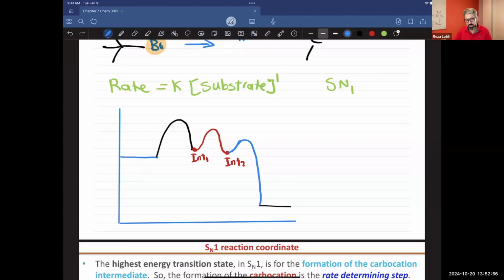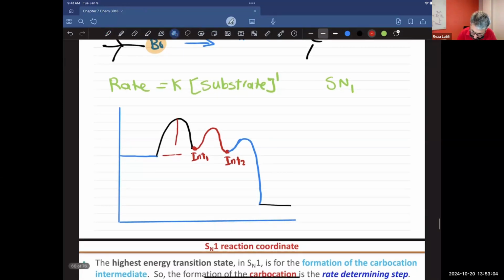So my reaction in this case is running through 3 steps, and the biggest activation energy I can see is between the reactant and the first transition state. This one will be the biggest activation energy, EA1. This is going to be EA2. And this one will be EA3.